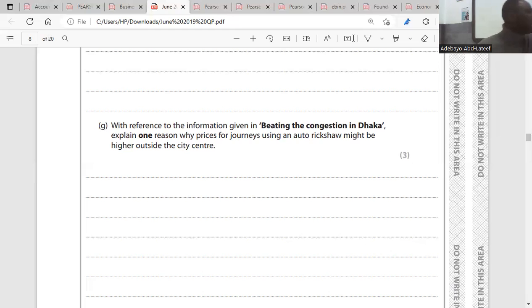So there is less business outside the city center. If there's less business, prices will be high because businesses want to maximize revenue, and the only way to maximize revenue with little demand is to increase the price.